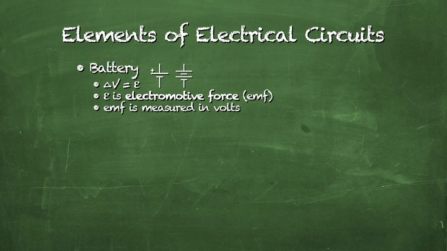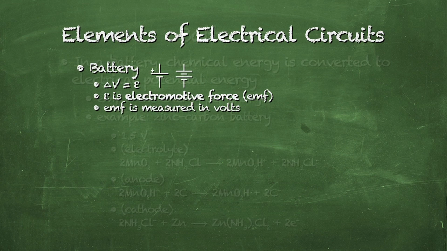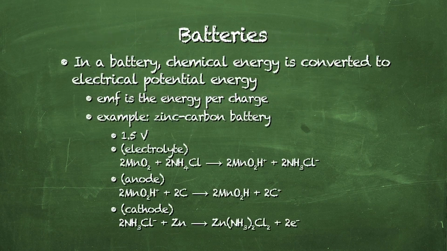The important thing for us to know is that the change in electrical potential across a battery is equal to the electromotive force of the battery. The electromotive force is measured in volts, and it's related to the chemical reactions that take place inside of the battery. Inside of a battery, chemical energy is converted to electrical potential energy, and the electromotive force is the energy per charge.